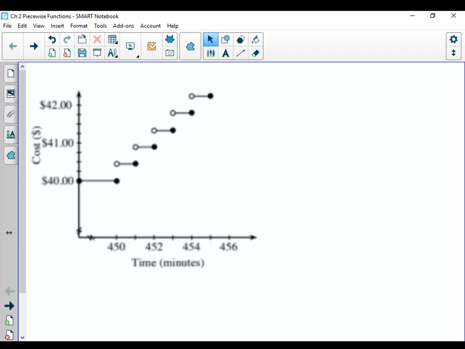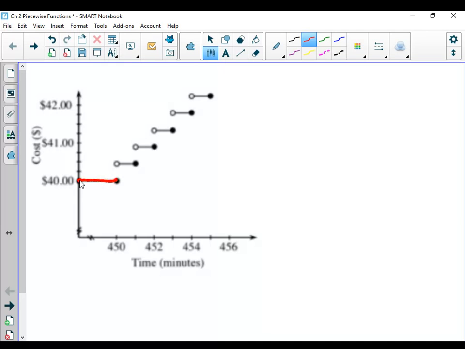Here's how we're going to focus on a piecewise function. Just like the name says, it's really made up of different pieces. So for each piece, we're going to think about what the equation of that piece would be. On this one, we have a bunch of horizontal lines, and I'm going to start at this part of it.